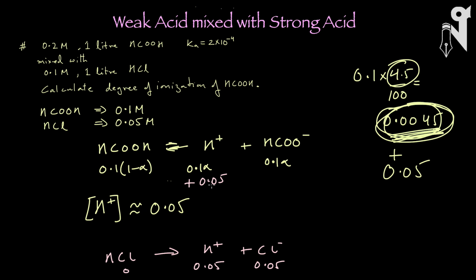And when your molarities are comparable, you can see the molarity of the weak acid and the strong acid, one is twice of the other, they are very much comparable. In such a case, you can blindly take H plus only from the strong acid, nothing from the weak acid.